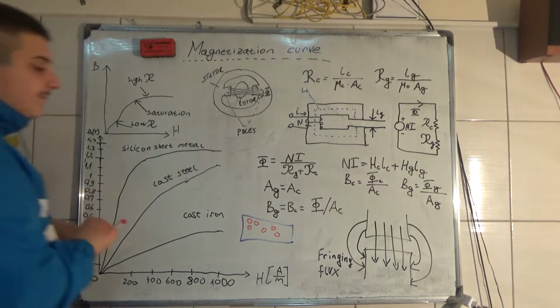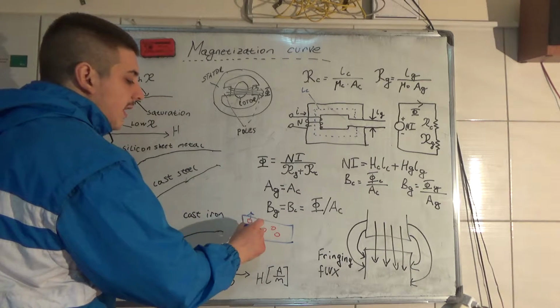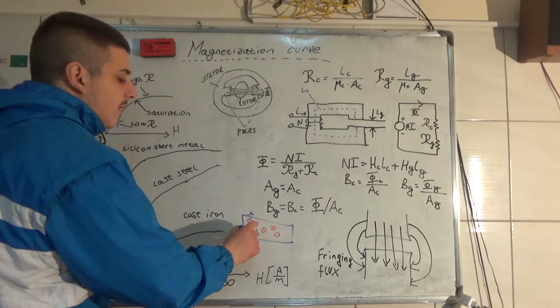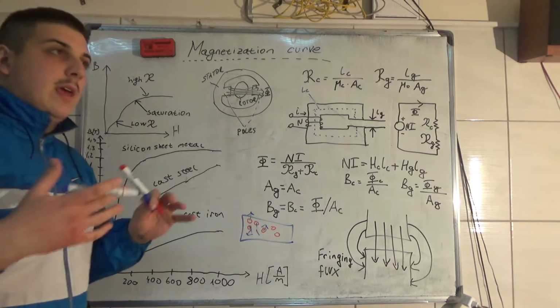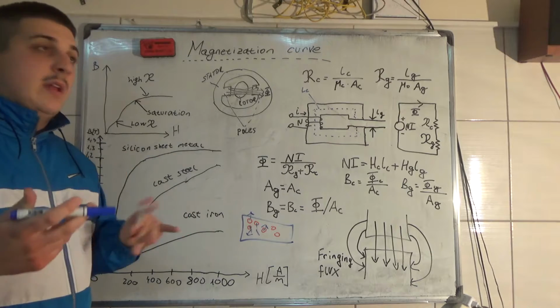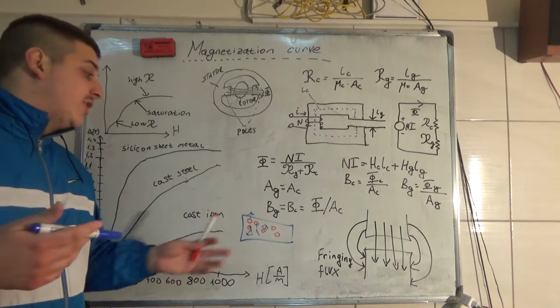So it's like this, and they're randomly positioned, in random directions, with interaction between these ions.